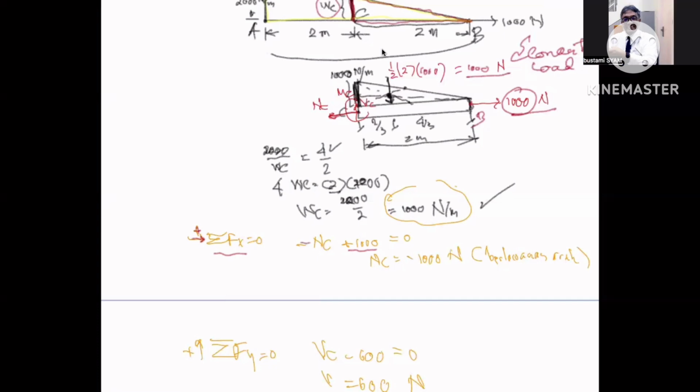Then NC is equal to plus 1 kilonewton or 1,000 Newton. It means that we have to correct here. The direction is correct, okay?